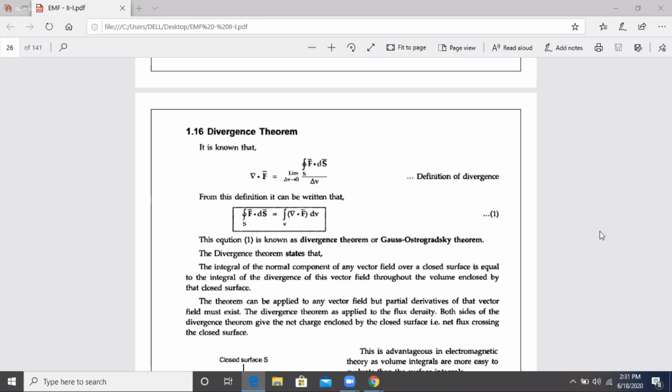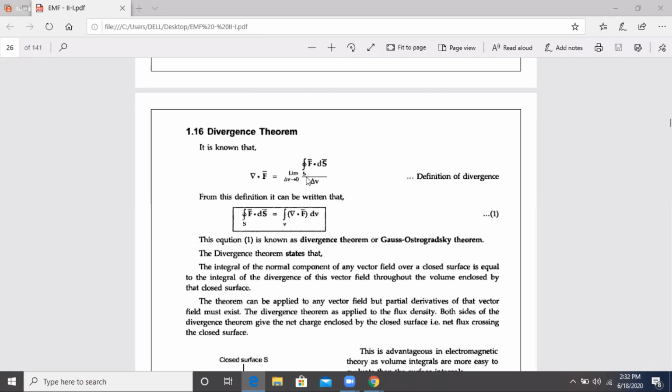So we said the divergence theorem then, right? Del dot F, where F is a vector, is by definition the limit as your volume goes to 0. Remember we talked about differential length, differential surface, and differential volume.